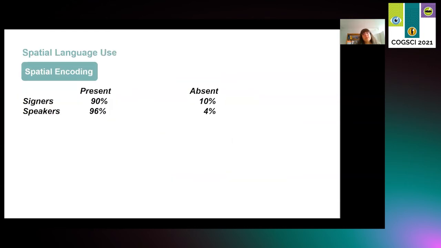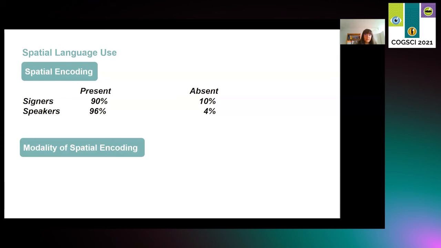Before moving on to presenting memory results, let me give you percentages of the distribution of these encodings across the groups and modalities within the data. Signing children encoded the spatial relation between items in 90% of their total descriptions. Speaking children encoded the spatial relation between the items in 96% of their descriptions, considering both speech and speech plus gesture combinations.